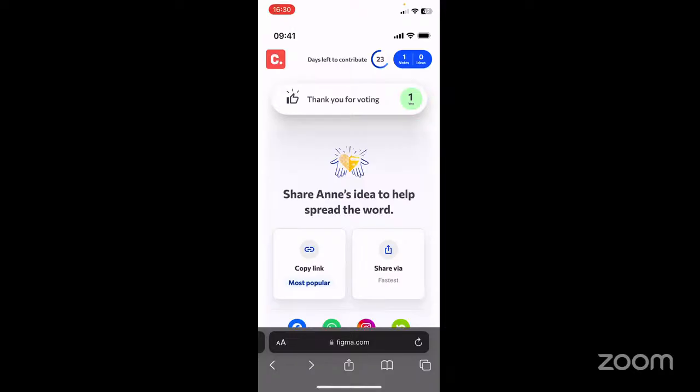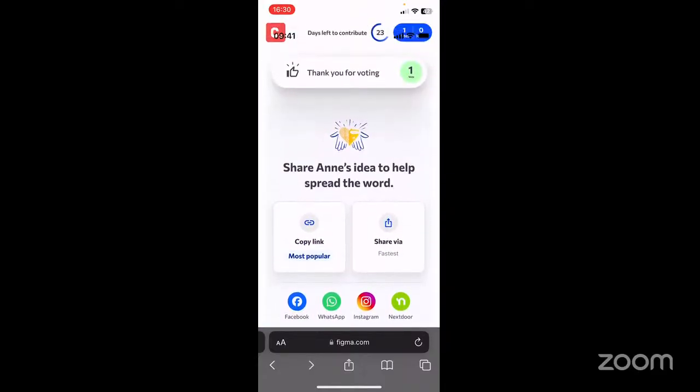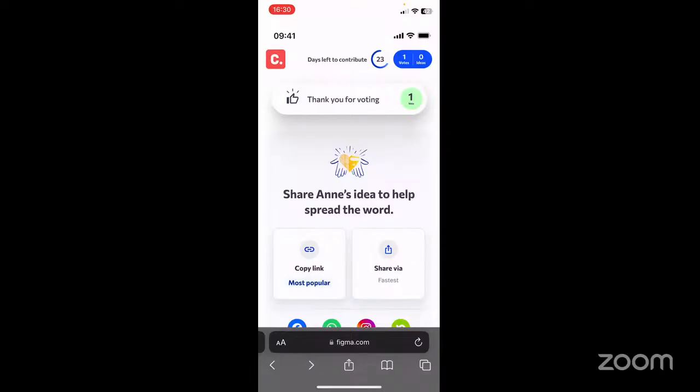Feel free to tap that. Or if there were, below thank you for voting, something like get these other ideas, that could be cool too.